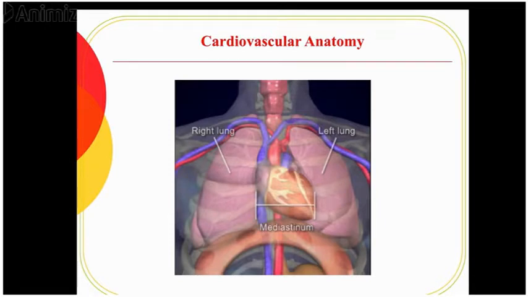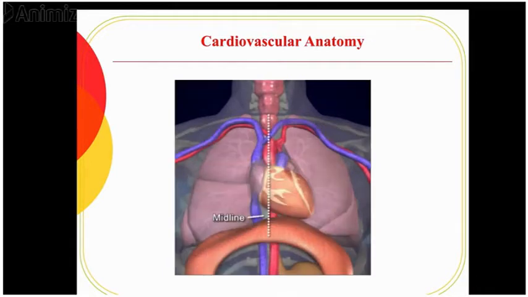When the lungs are deflated, the heart will have more space. When the lungs inflate, the heart will be squeezed a little bit. So there's a little bit of difference, usually 5 to 10 millimeters of mercury, between the blood pressure during inhalation and during exhalation.